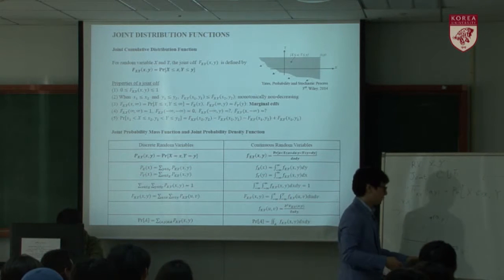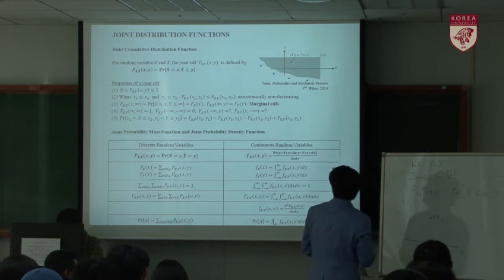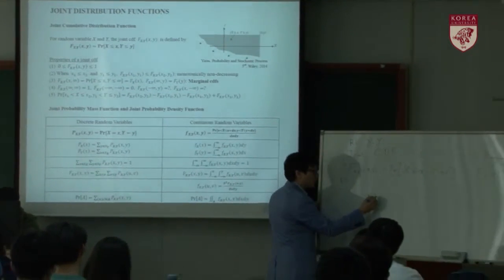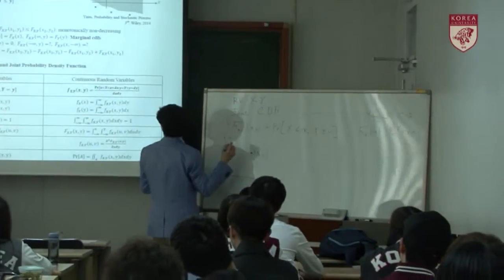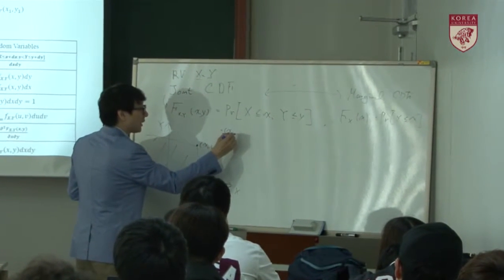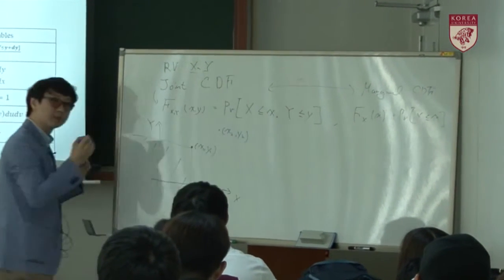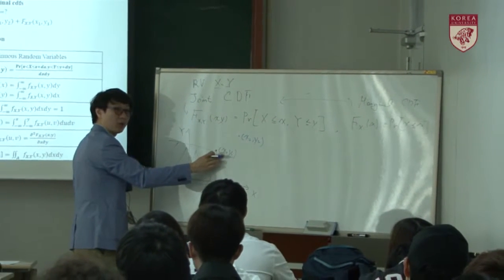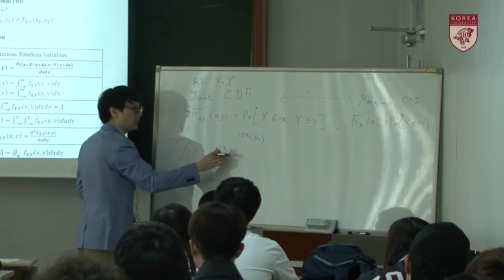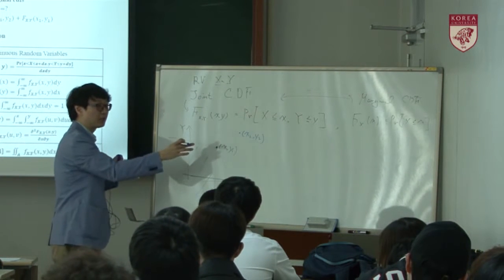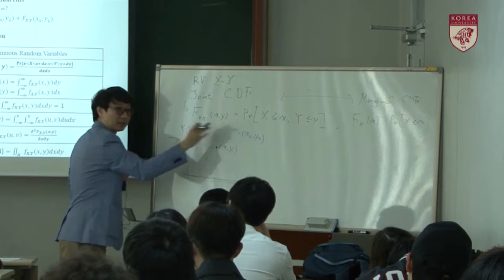And the second is, let's think about two points here, x1 and y1, and this point, x2 and y2. That is, x2 is larger than or equal to x1, and y2 is larger than or equal to y1, so it is located at this point.